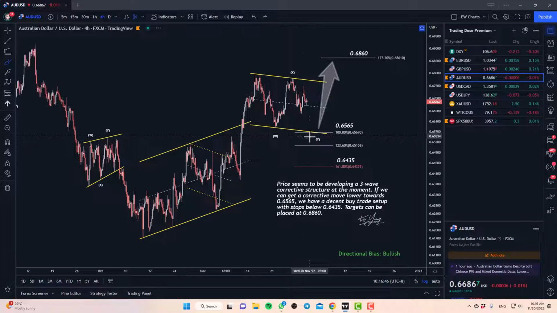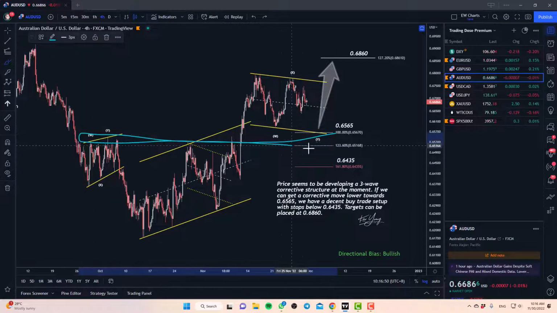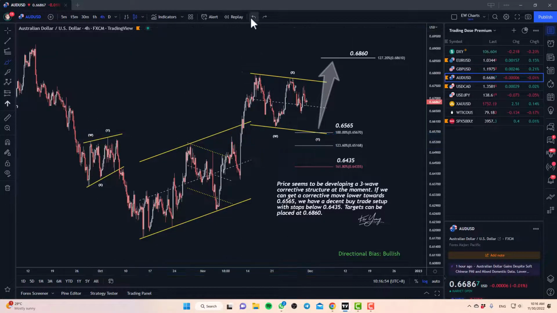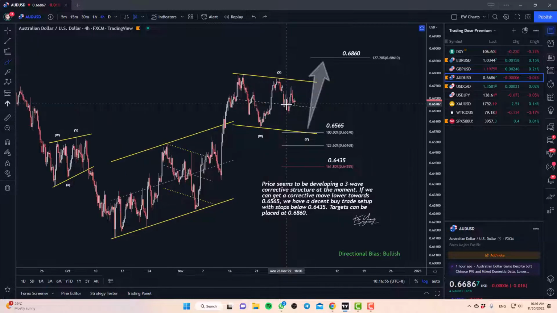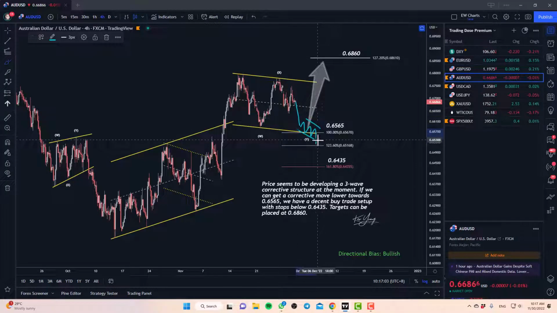Of course, you can also add in various confluence. You can see over here, we have that previous structure level, resistance turned support, and ideally if you're looking at a little bit of price action, we want this to come down and then start to slow down as it progresses towards our entry area.